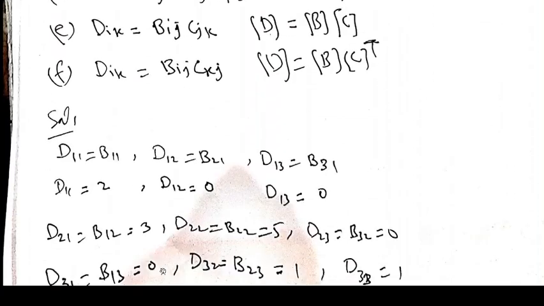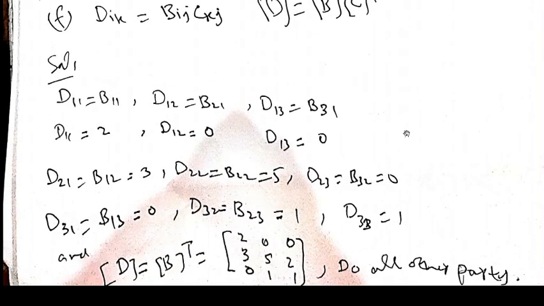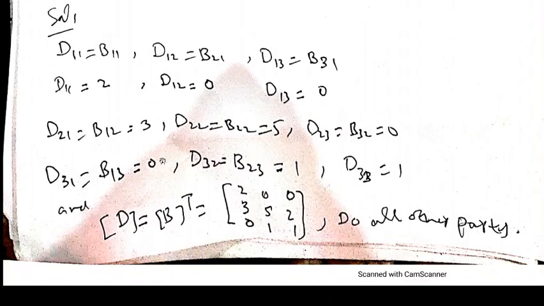Let's do part A. Now you will calculate all the 9 components, D11, D12, D13, and this is the transpose of P, and you will have this. Now you will have the same 9 components which you have calculated with the help of this subscripted equation.